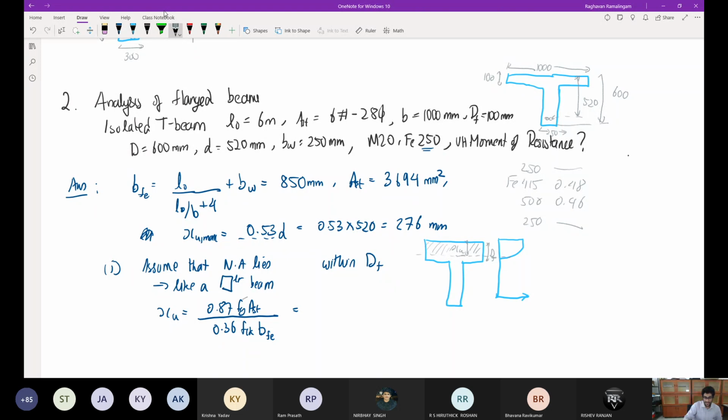So anyway, 0.87 is known. FY is 250. Be careful, don't put 500 or 415. AST you found 3694. FCK 20. BF 350.